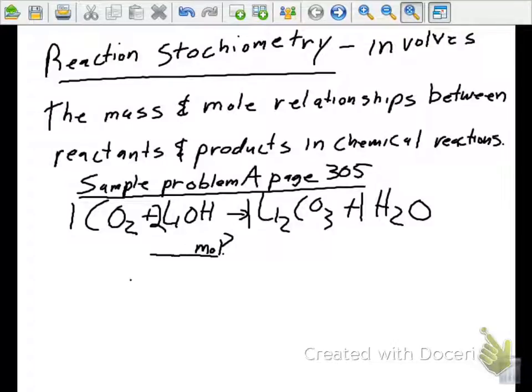Now I have to know how much of a reactant or product I have. It says, how many moles of lithium hydroxide are required to react with 20 moles of CO2. So here's carbon dioxide.